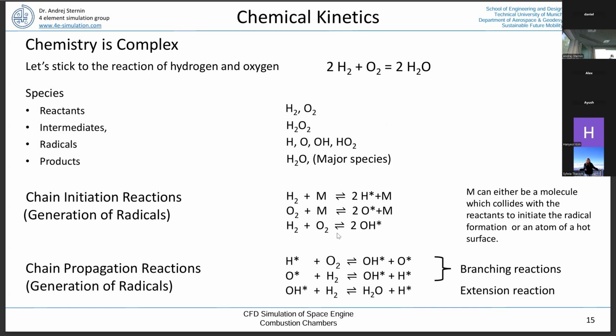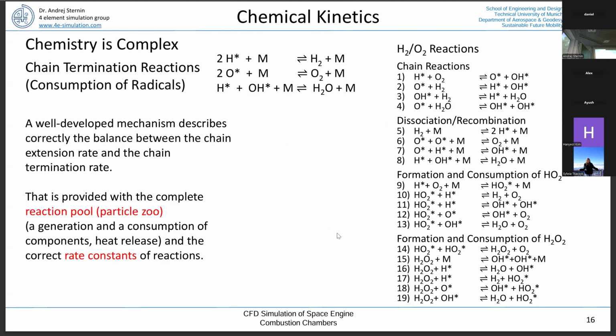What happened as well is that we have some kind of extension where we generate radicals, but we also have the possibility that radicals are combining. That would be some sort of recombination reaction, where we have chain termination.